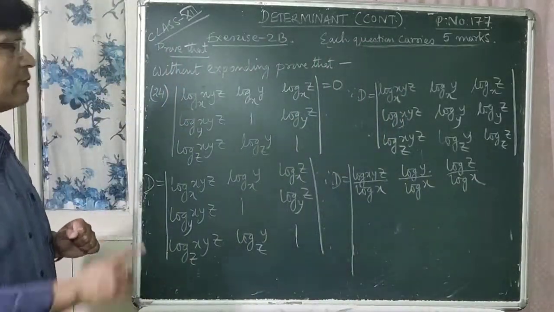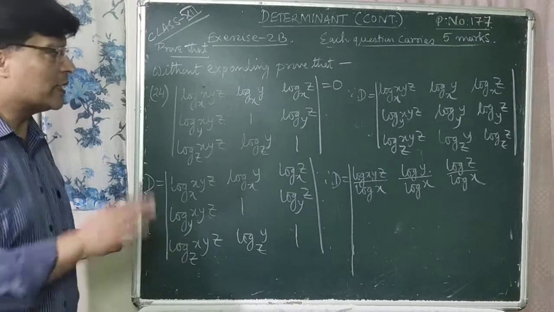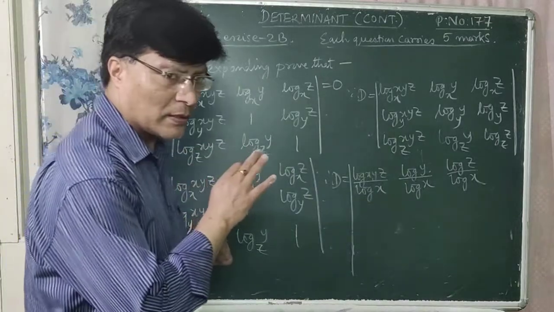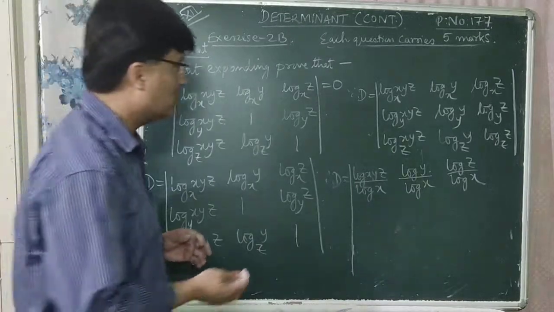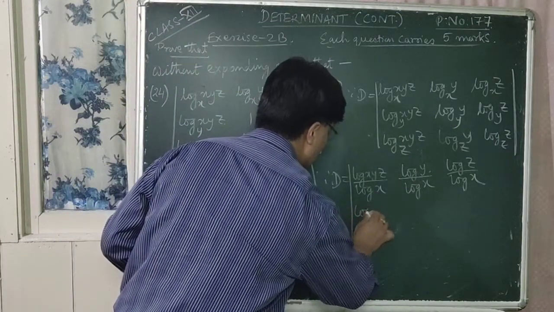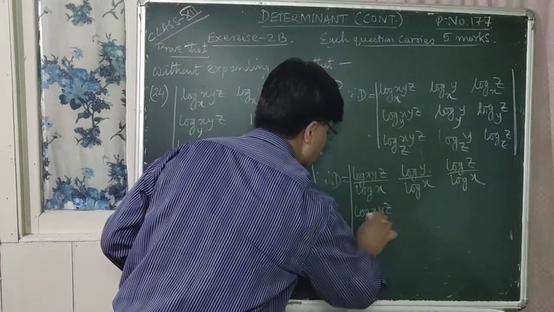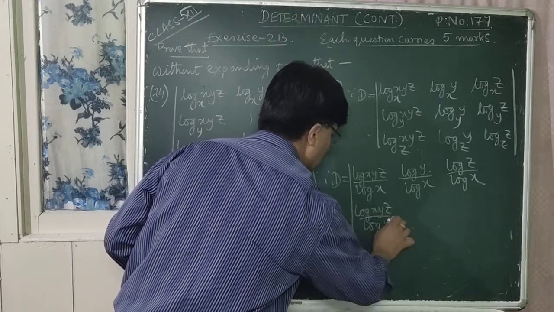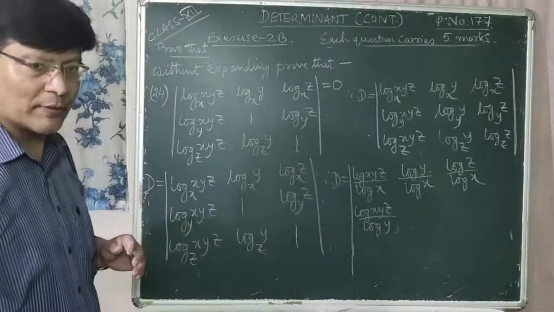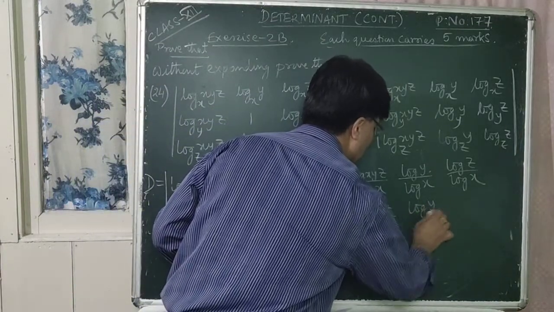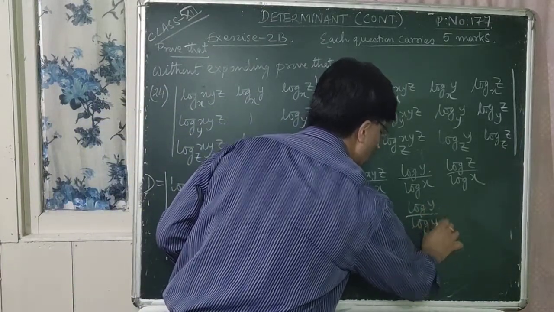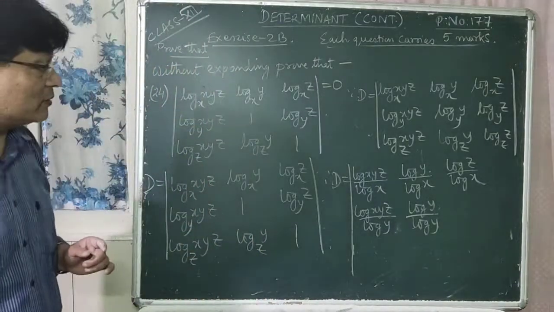Similarly, you can write down the terms in the second row and in the third row in terms of fraction, right? So it is log of xyz divided by log y, right? Next, log y upon log y, but don't cancel it, don't write 1 there, okay?